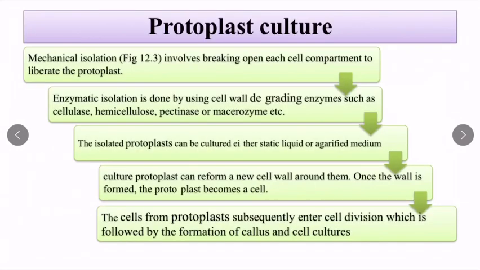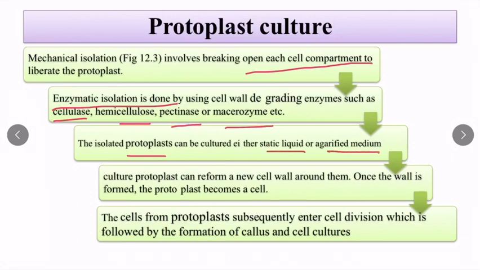Next is protoplast culture. What is meant by protoplast? A cell without a cell wall is known as a protoplast. Mechanical isolation is done by breaking open each cell compartment to liberate the protoplast. Enzymatic isolation is done by using various cell-degrading enzymes such as cellulase, hemicellulase, pectinase and macerozyme. This isolated protoplast can be cultured in either liquid medium or agarified medium.